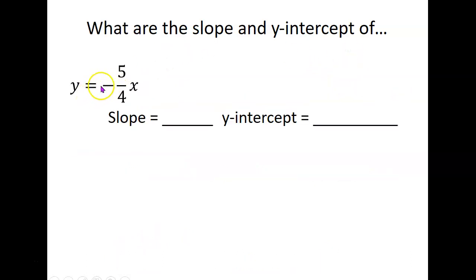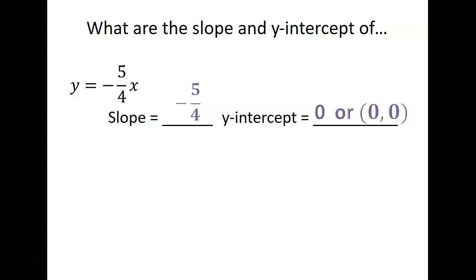What about if y equals negative 5/4 x? For this line, the slope would be negative 5/4. What about the y-intercept? It looks like there isn't a b, but if we want, we can think of this as negative 5/4 x plus 0. So the y-intercept is 0, or (0, 0).